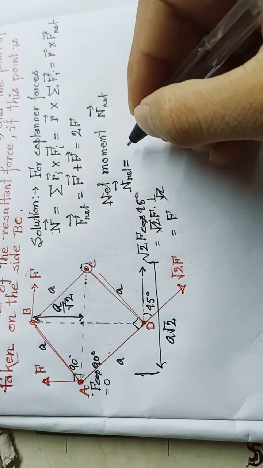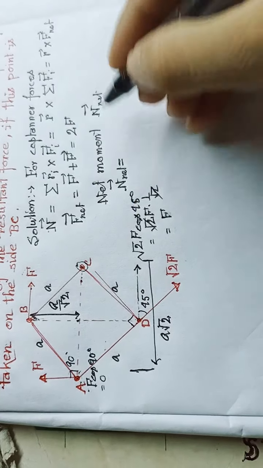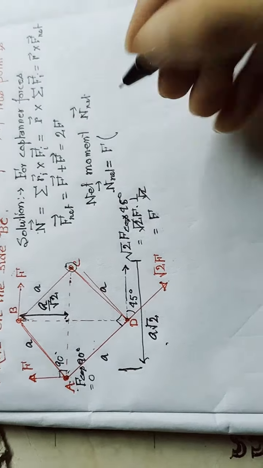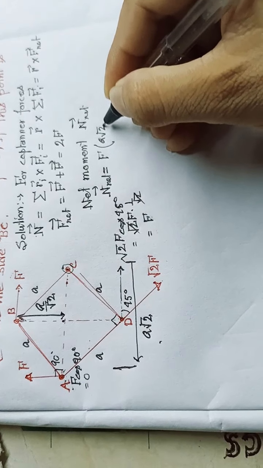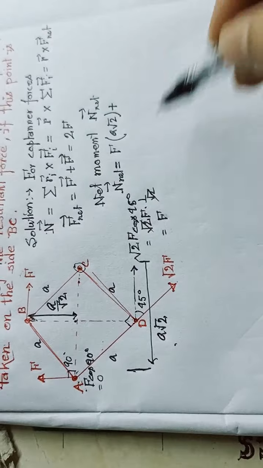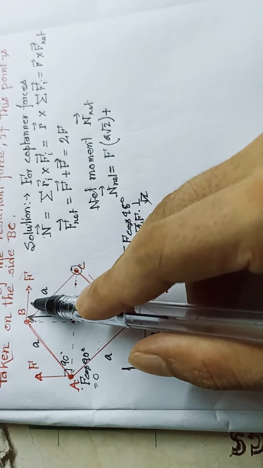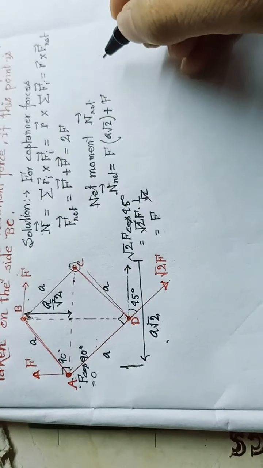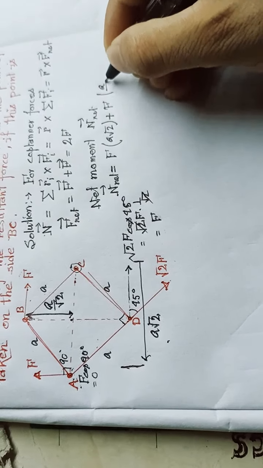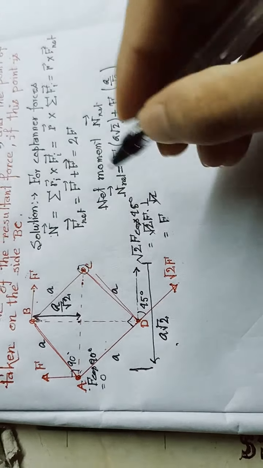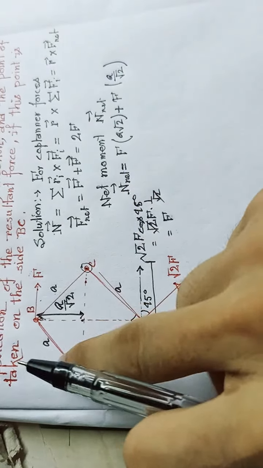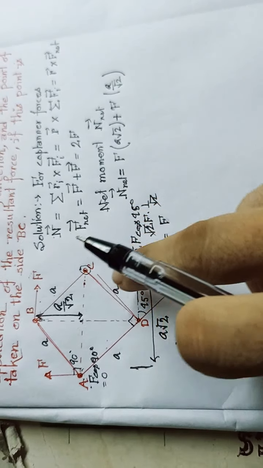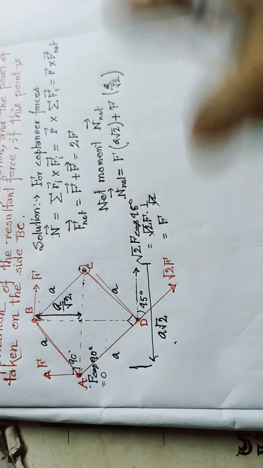So the first moment is equal to its force, which is F, and its corresponding arm length is equal to A root 2, plus the moment for the force which is acting on point B, whose force is F and its corresponding arm length is equal to A divided by root 2, minus, as these two tend to rotate this square in clockwise direction, but the third one tends to rotate the square in anti-clockwise direction.